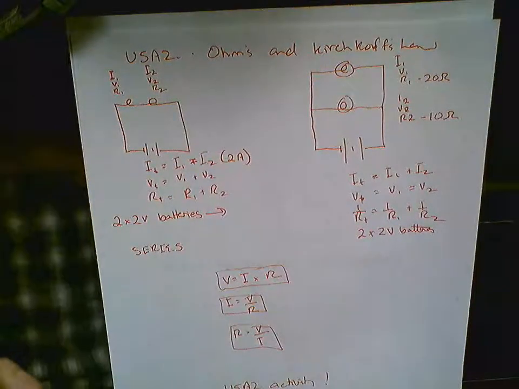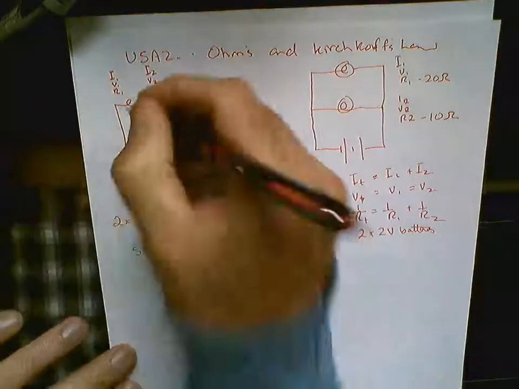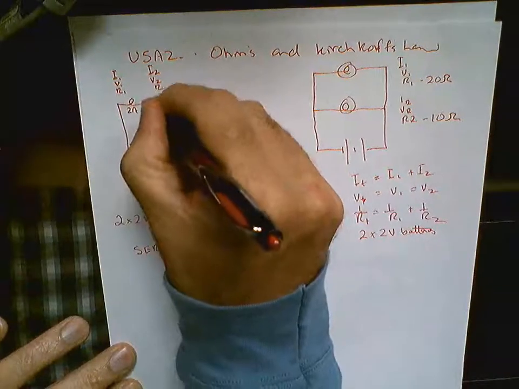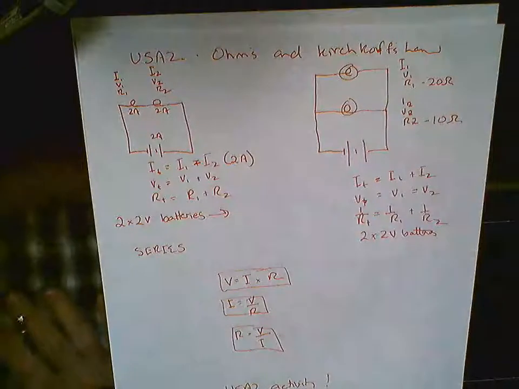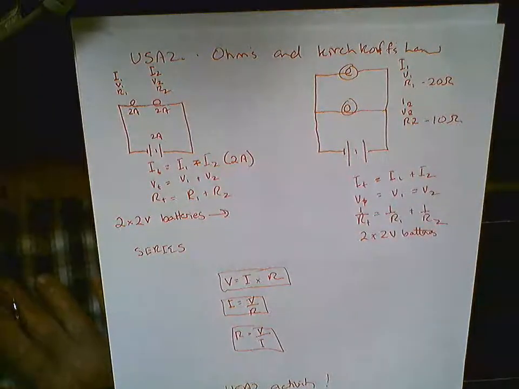Guys, what that means is if this is a 2 amp circuit, I have 2 amps here, 2 amps here, 2 amps here. No matter where I put my ammeter in the circuit, I'm going to measure 2 amps. So when you're in series, your amps are your amps are your amps.